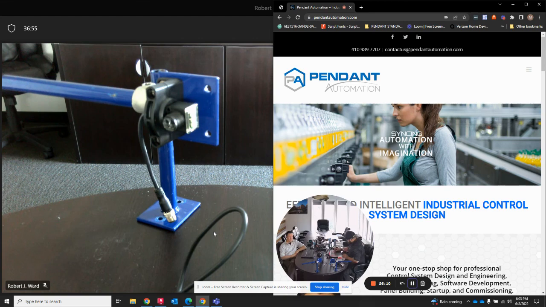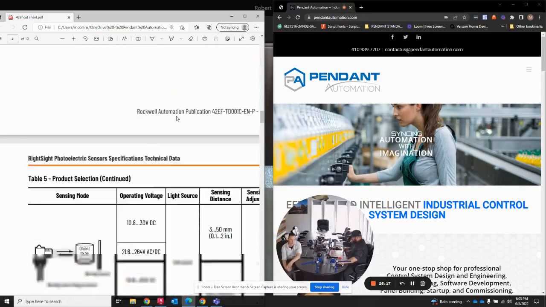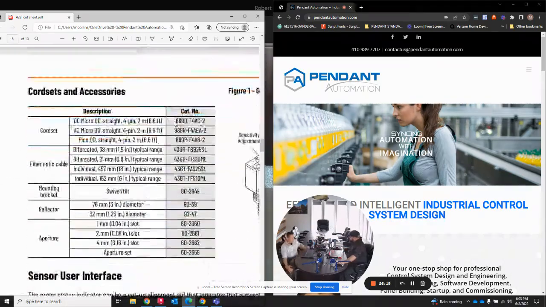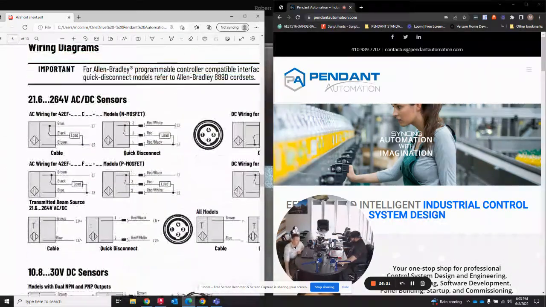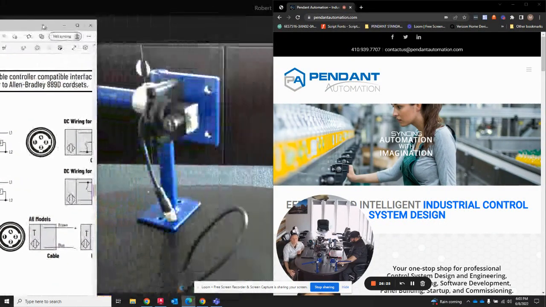Absolutely. All right. So the next thing that I'm passionate about, having an electrical background, is the wiring. And so, talking about the wiring, the first thing that I want to go over is flying leads or quick disconnect.